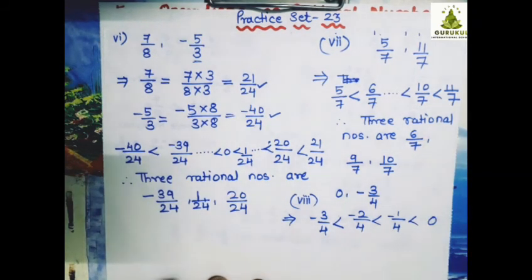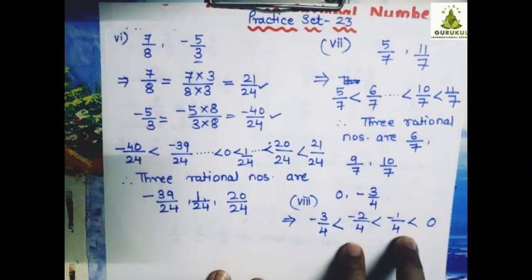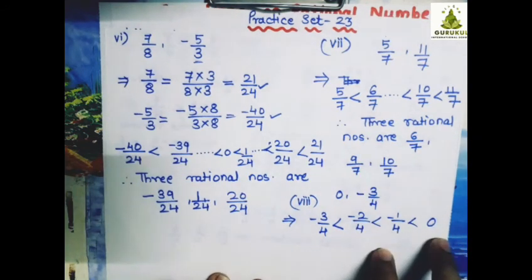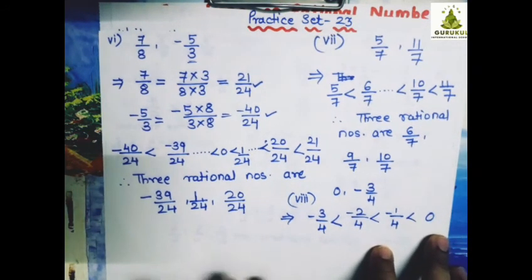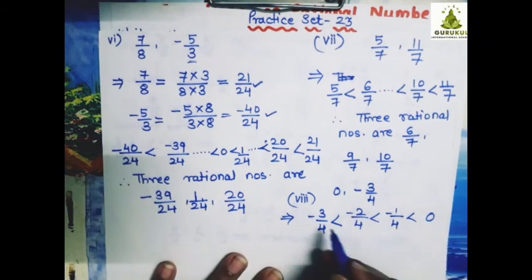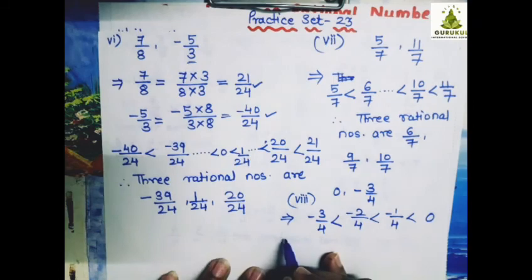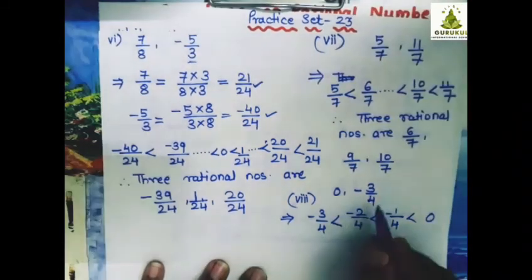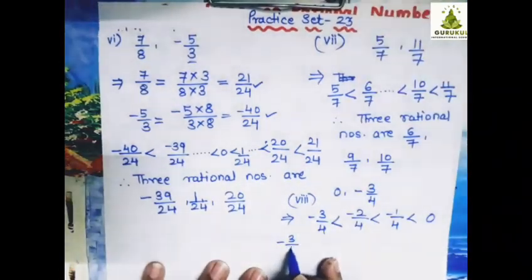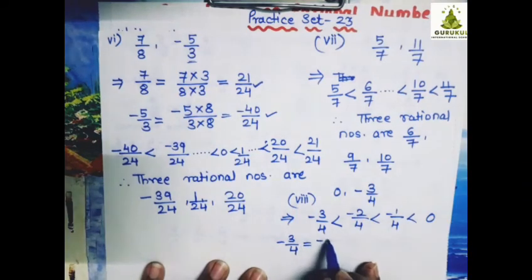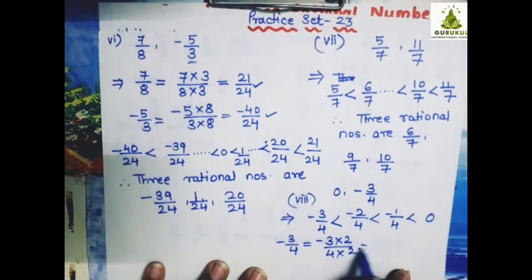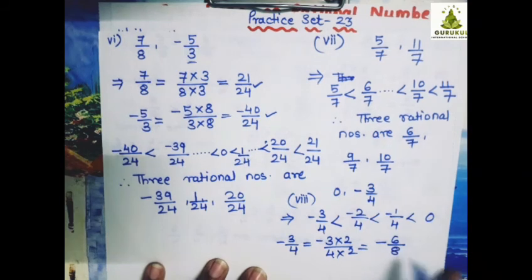Now, if you see this one, only 2 numbers we are getting between these two, and how many do we have to find? 3 numbers. So, what can we do? We can multiply the given fractions by 2, correct. So, 0 will be as it is and minus 3 upon 4 will become, multiplied by 2, 4 into 2 is 8, 3 twos are 6, minus 6 upon 8.